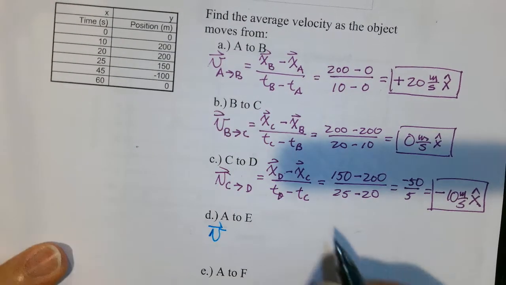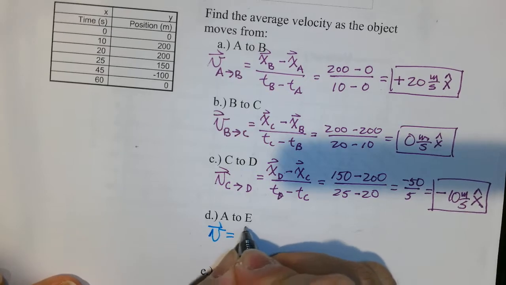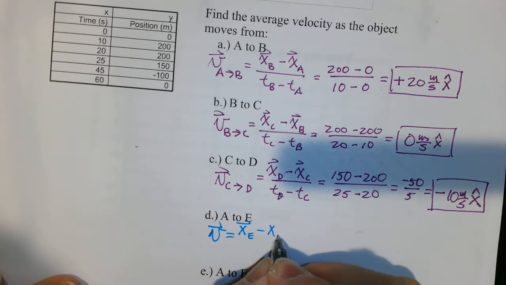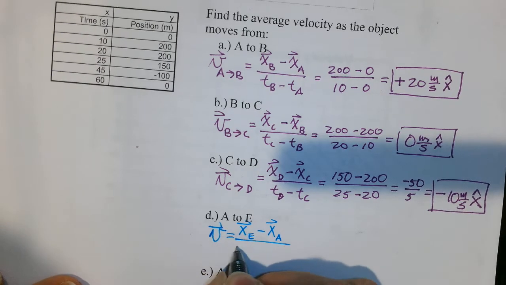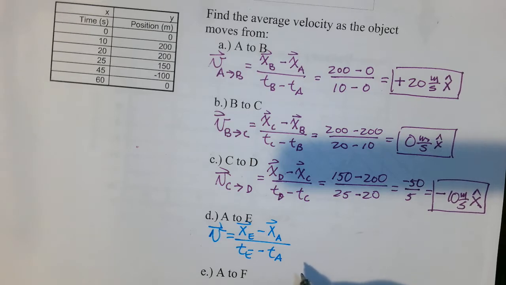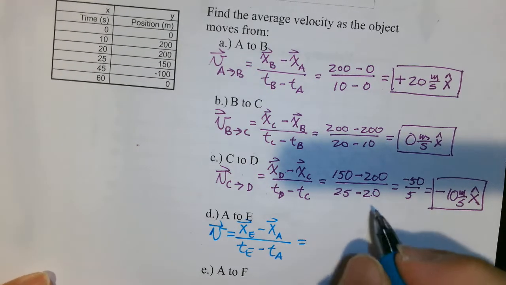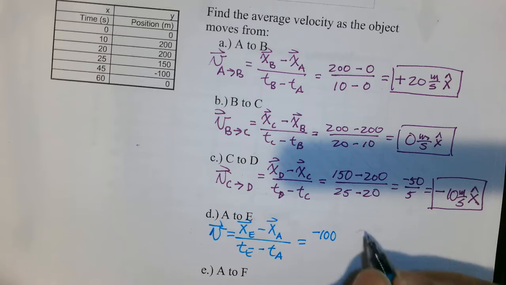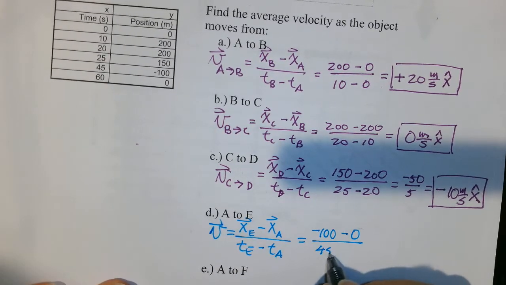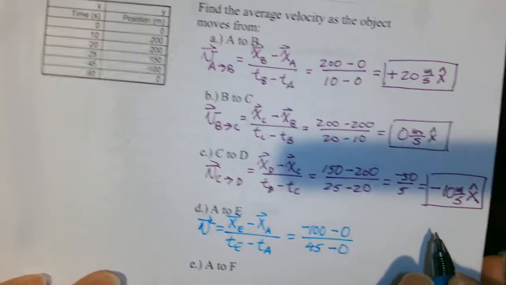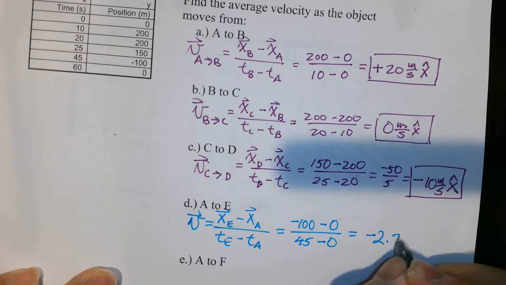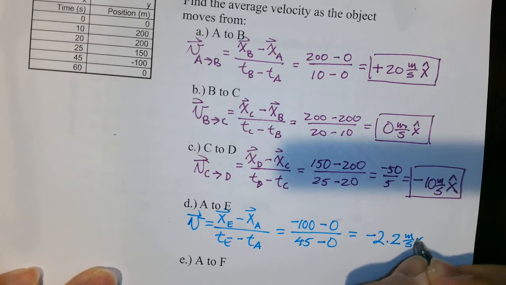The average velocity from A to E is position E minus position A over TE minus TA. And that is equal to negative 100 minus 0 over 45 minus 0. And that comes out to negative 2.2 meters per second x hat.